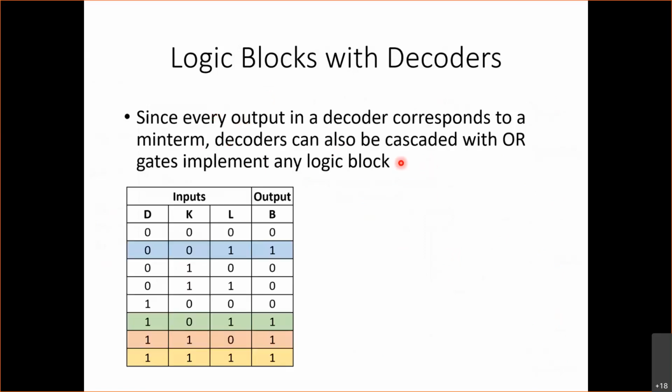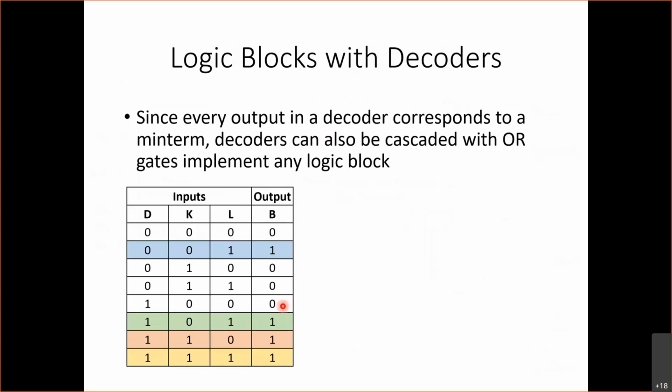So if we go back to this truth table over here for our car warning system, we saw that we have these 8 combinations, and for each of these combinations, the output's either 0 or 1.